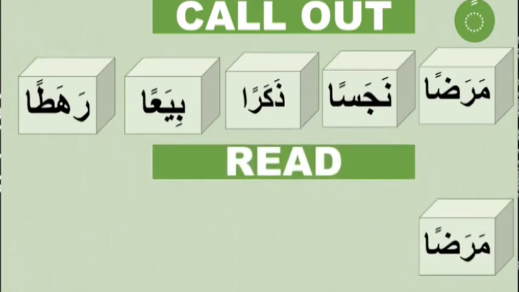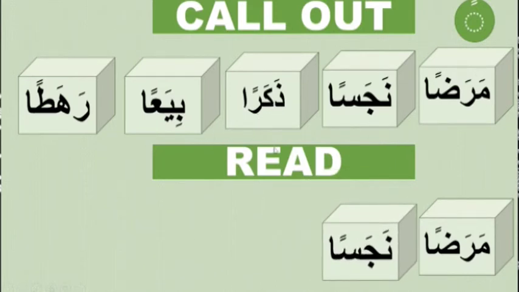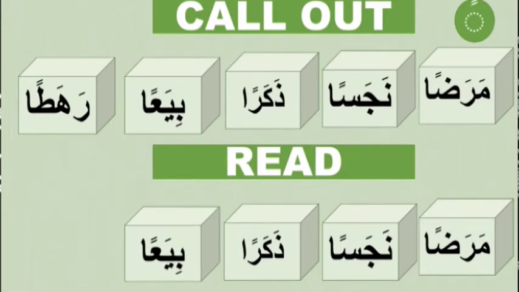Four letters in spelling, three in pronunciation. Maradan. Najasan. Again, two letters simultaneously, naja and then san. Dhakaran.